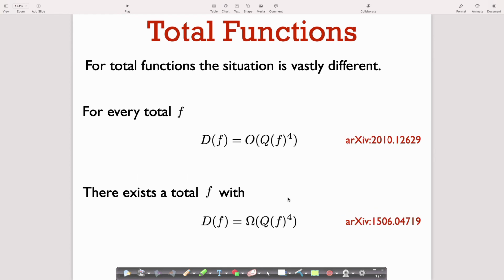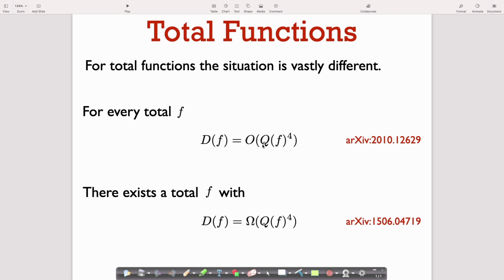Okay, so when we look at total functions instead, so again, total functions are functions that are defined on the entire Boolean cube, the situation is very different. Okay, so in fact, quantum and deterministic query complexity are always polynomially related for total functions. So now we actually know that the deterministic query complexity of a function f is always at most its quantum query complexity to the fourth power.